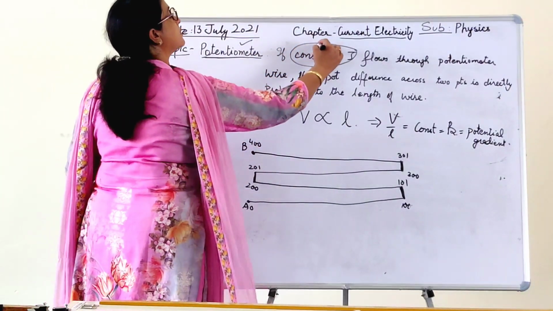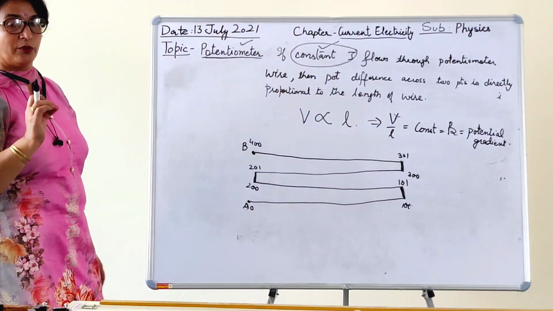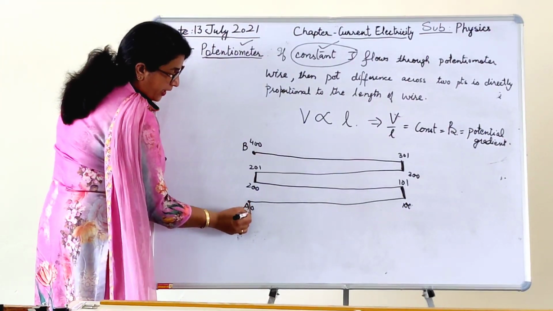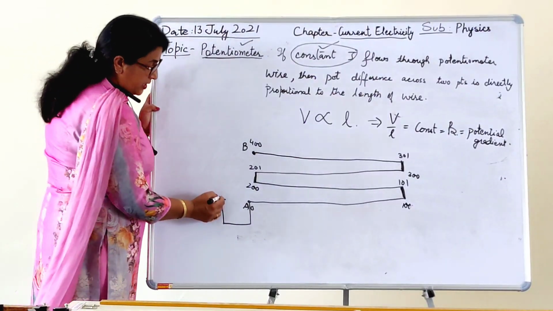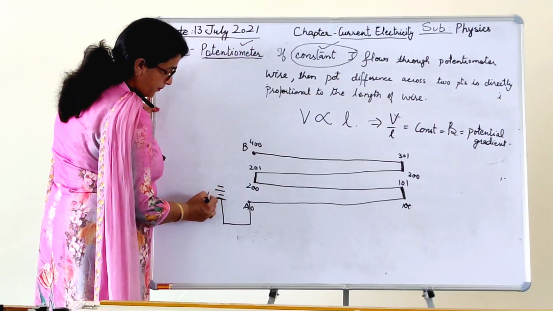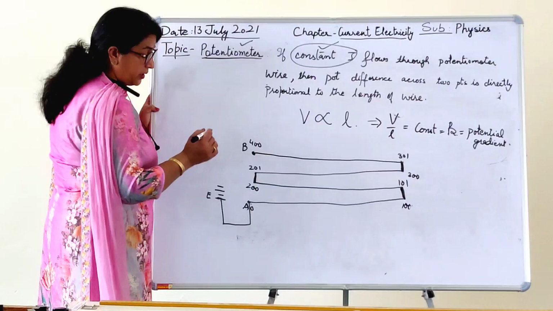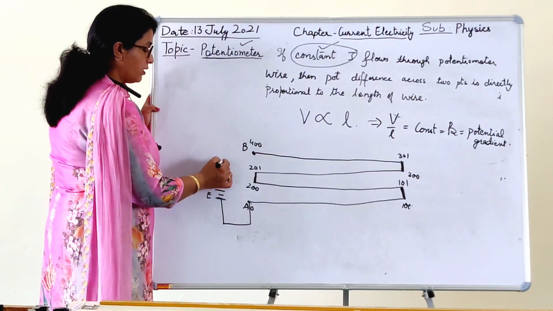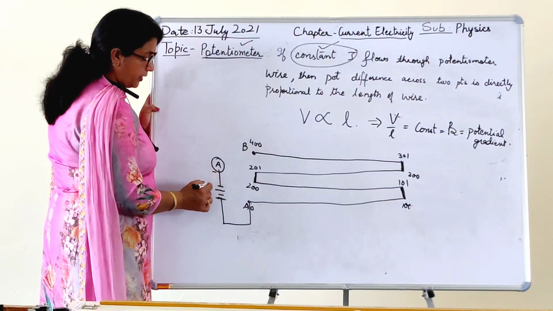Now, because the condition is that constant current must flow through this potentiometer wire, for that, what will we do? We will connect a battery of EMF E. The positive of this battery is connected to the terminal A, and the negative of this battery is connected to the ammeter. An ammeter is a device which can measure the current.